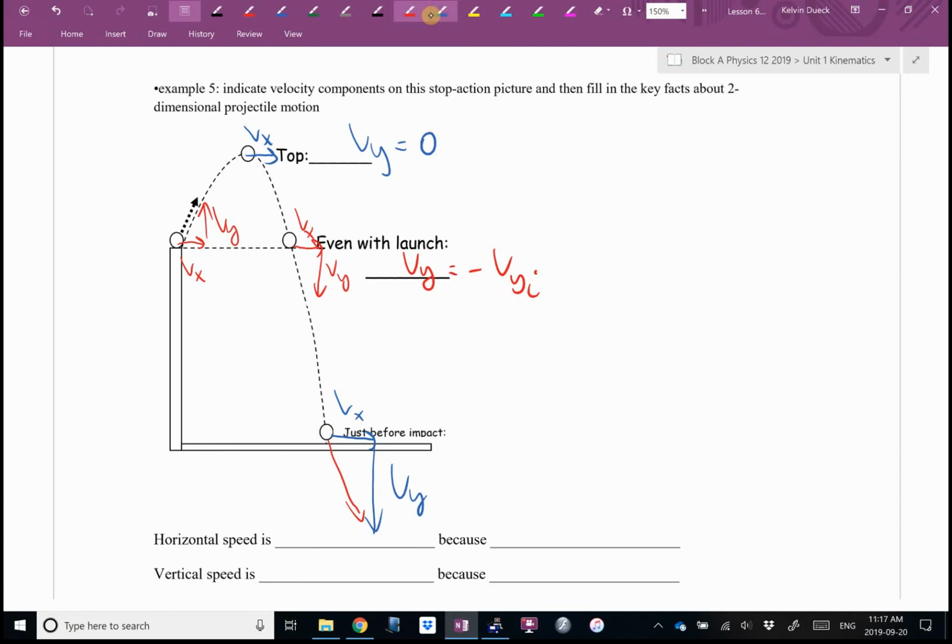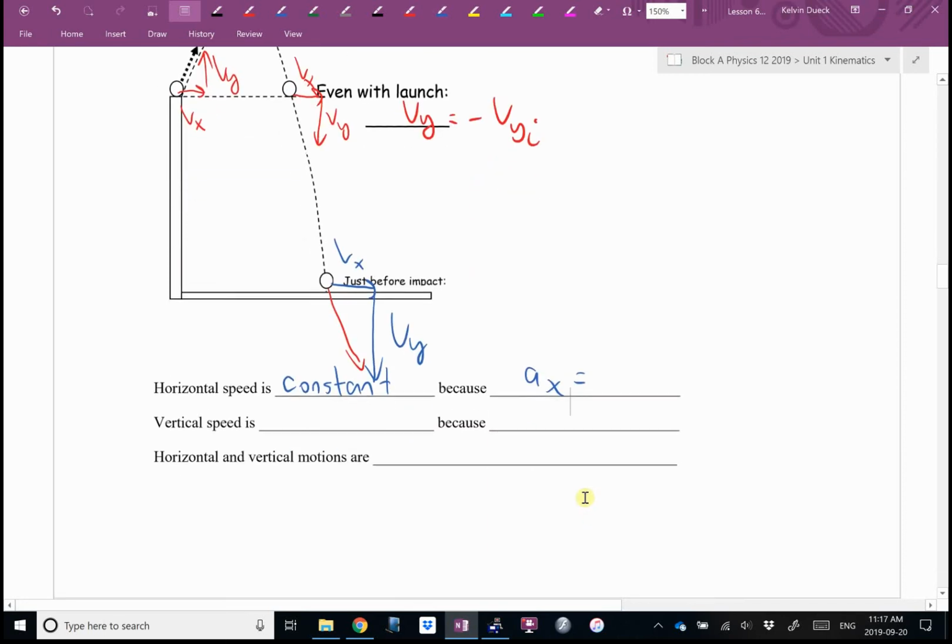So again, horizontal speed is constant because AX equals 0. Vertical speed is changing because AY is negative 9.8.